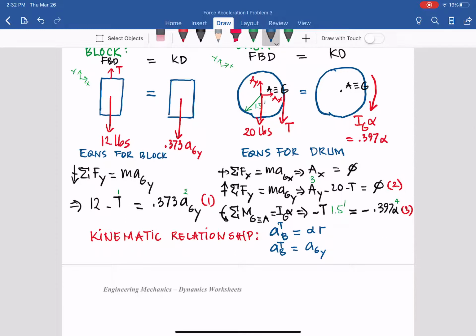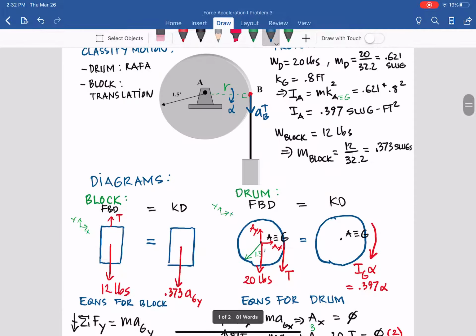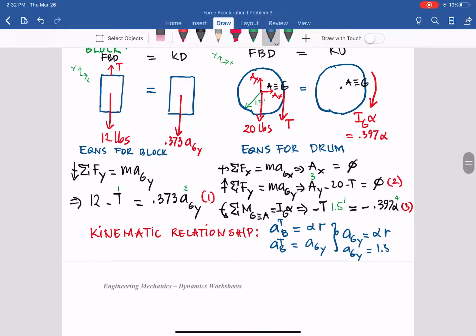So from these two, I will have Ay equal to alpha R, or Ay, in this case, with R equal to 1.5 feet, so it will be 1.5 alpha. And that is equation 4. So you now have 4 equations, 4 unknowns, so we can solve.